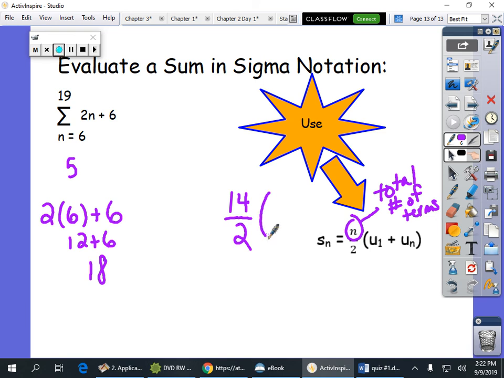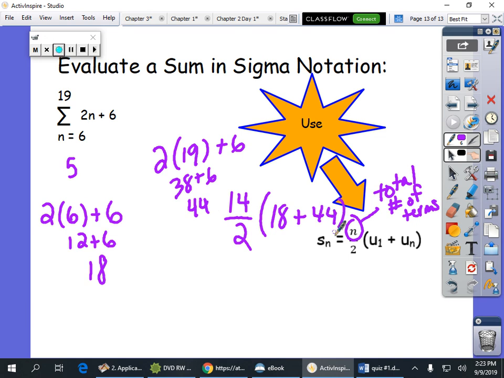And then the last term is 2 times 19 plus 6. 38 plus 6 is 44. So 7 times 62. Did I do that right? 434.